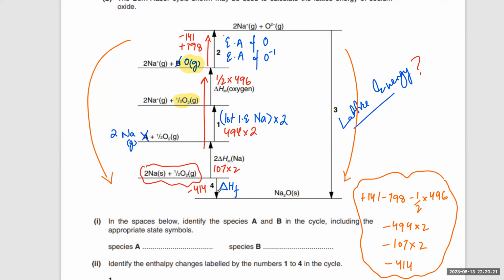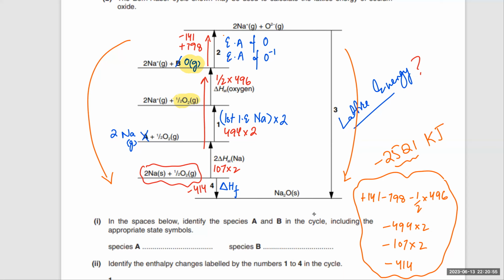So what do we get? I got minus 2521. You're getting minus 2521, which is probably going to be right. One of the worksheets I sent you that has copyright written in it, that's the solved version.